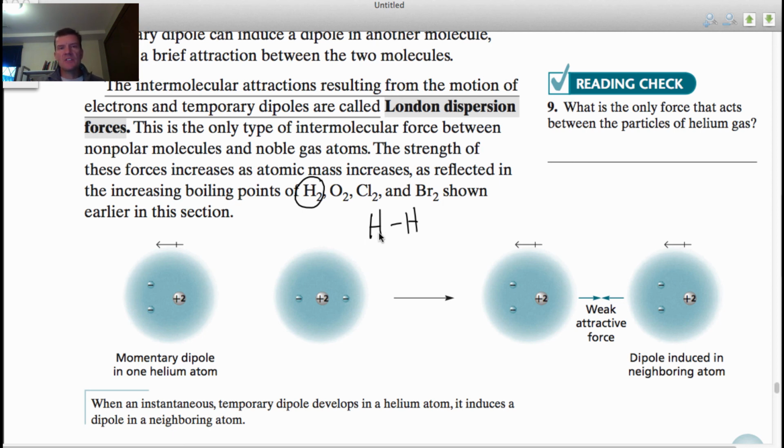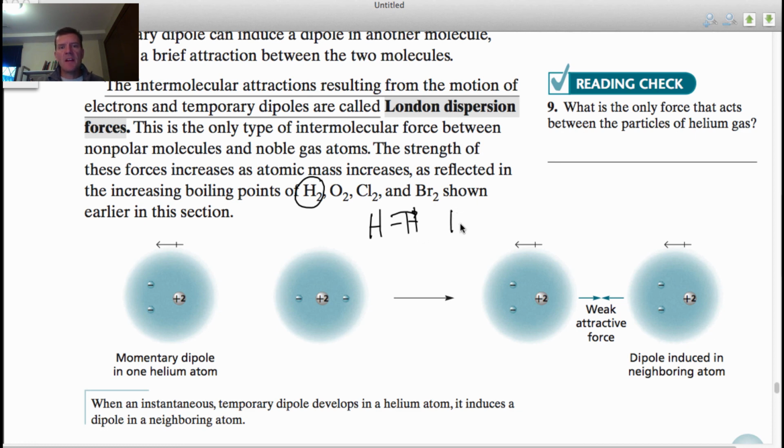They're going to be equally distributed. But every once in a while, because these electrons are always moving, there might be a little shift to one side, and that's going to cause a momentary unequal shift or dispersion of electrons.